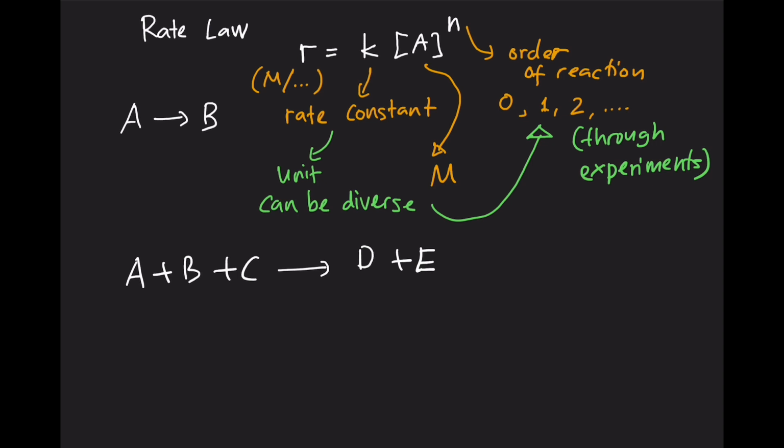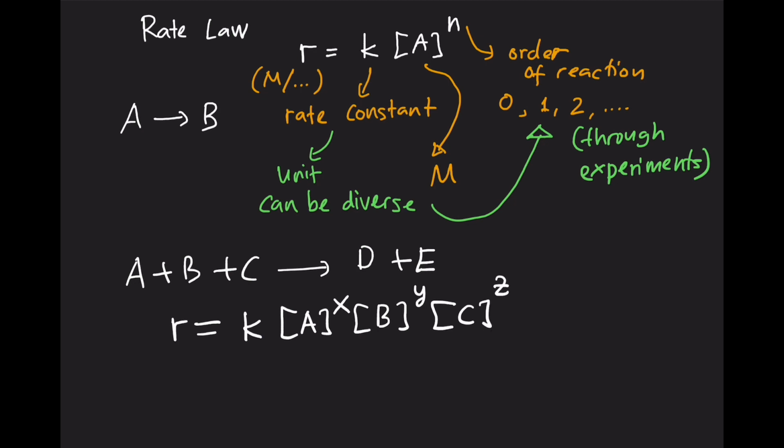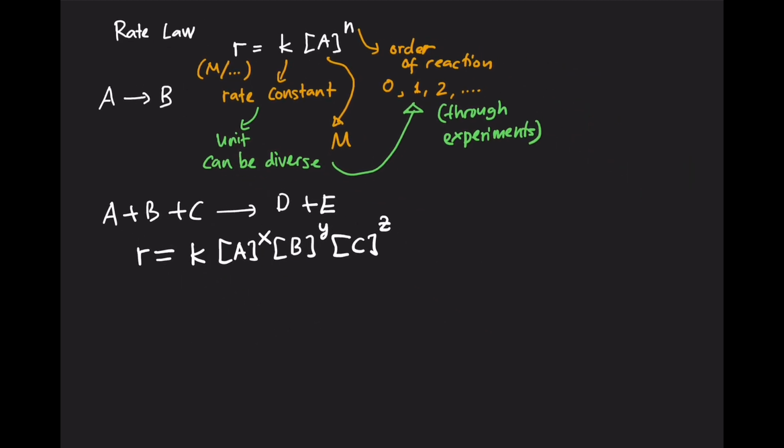Now in this case, we can write the rate law to become R equal to K, A to the X, B to the Y, and C power to the Z value. Now in this case, in the experiments, most of the times we will be given the data of the rate and data of molarity. So say we have a table that would look something like this.